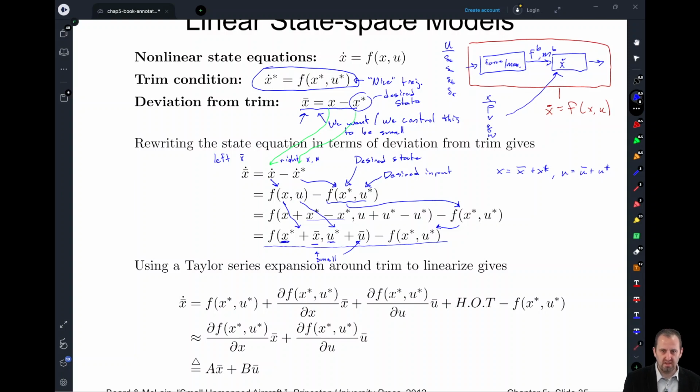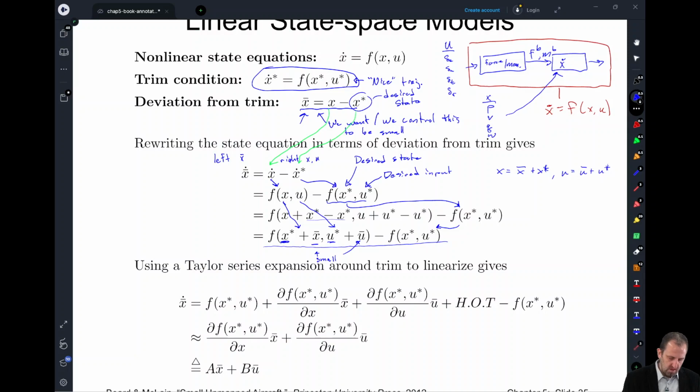That'll allow us to write up our dynamics in terms of just linear components, and we'll assume that in that small region around the nominal, the linear components of the dynamics are going to dominate.